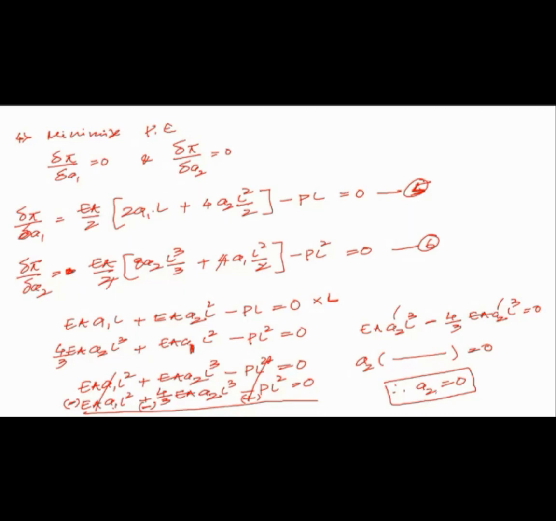Now, one value, A2, I obtained as 0. Then I need to substitute this value of A2 in any one of the equations here to get the value of A1. So let us substitute in this first equation.